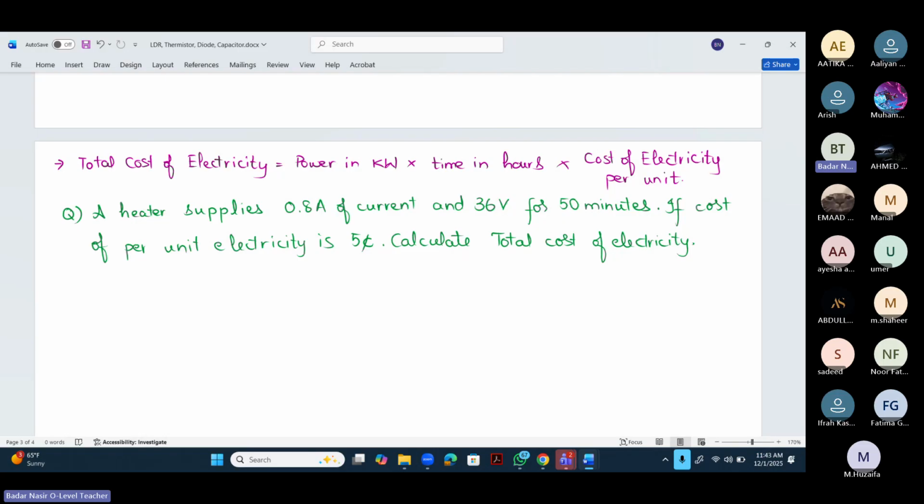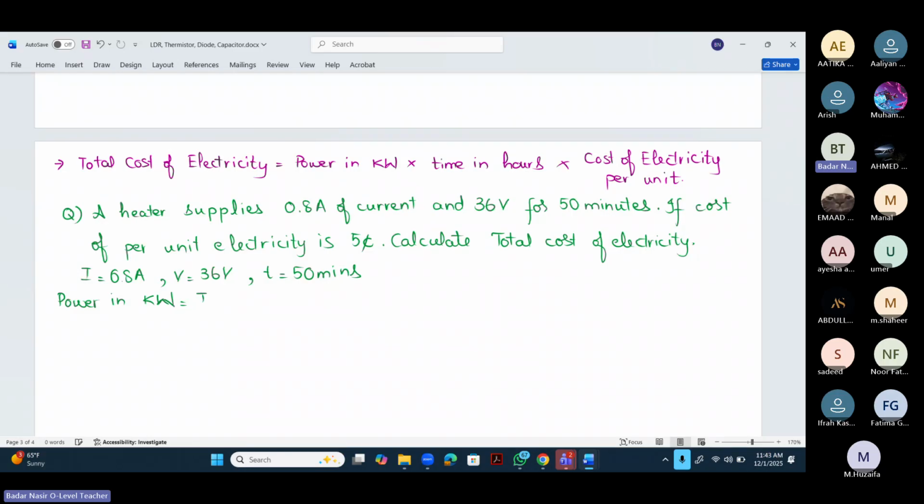Okay? अच्छा, so the question is heater supplies 0.8 ampere of current. So we know the current is 0.8 amperes and the voltage is 36 volts for 50 minutes. Time is also given. Time is 50 minutes. If the cost per unit is 5 cents, we have to calculate the total cost. सबसे पहले we have to find out the power in kilowatt. पावर का फॉर्मूला वी जस्ट डिस्कस्ड कि पावर का फॉर्मूला होता है P is equals to IV.